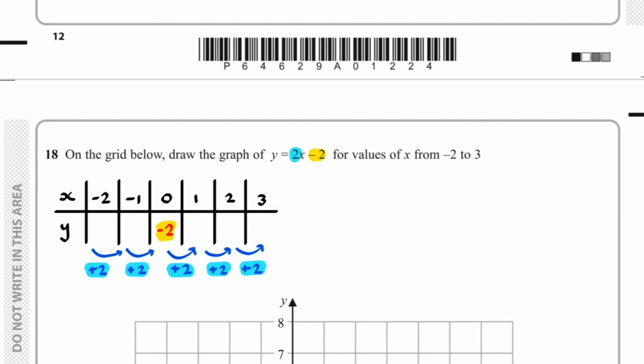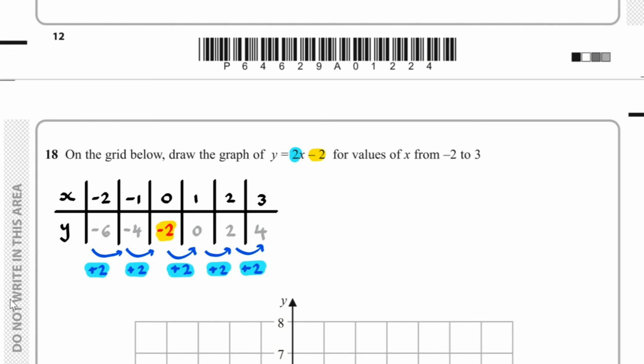And so therefore, minus 2 plus 2 is 0. 0 plus 2 is 2. 2 plus 2 is 4. Something plus 2 is minus 2, well here we'd have minus 4. And something plus 2 is minus 4, so that will be minus 6.